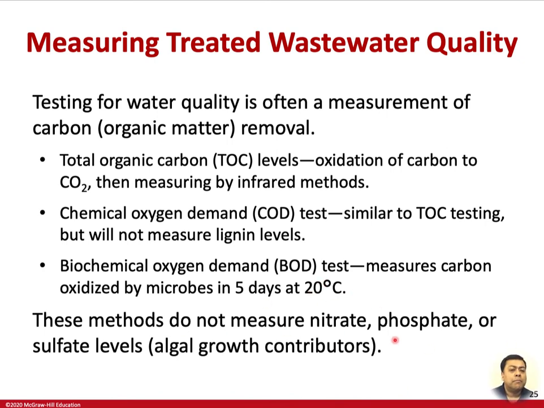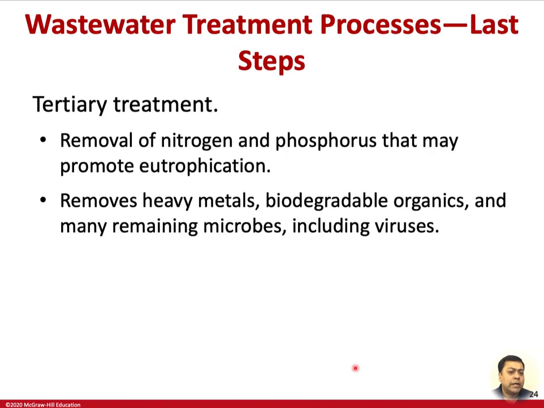These methods don't measure the nitrate, phosphate, or sulfate levels, which may cause eutrophication, which are the algal growth contributors. But there are several methods to reduce these nitrate, phosphate, or sulfate levels from the wastewater as well by the tertiary treatment that we talked about right here.